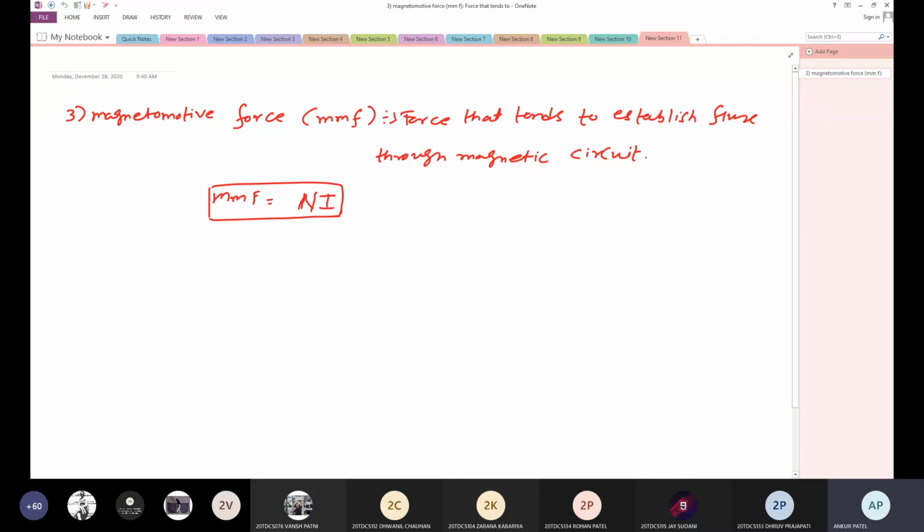So what is the unit for MMF? Yes, it is ampere turn.